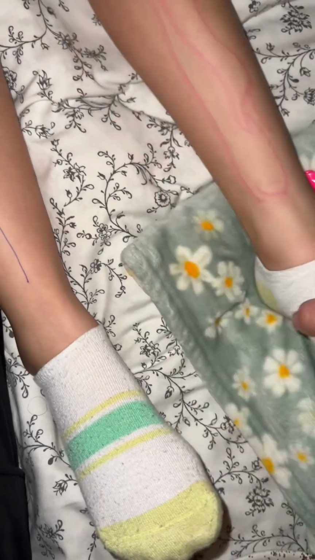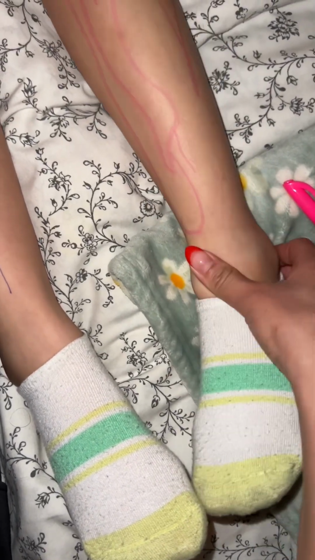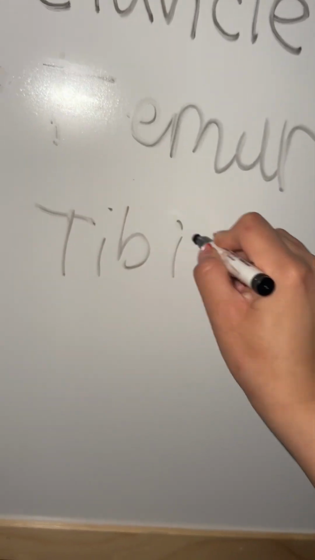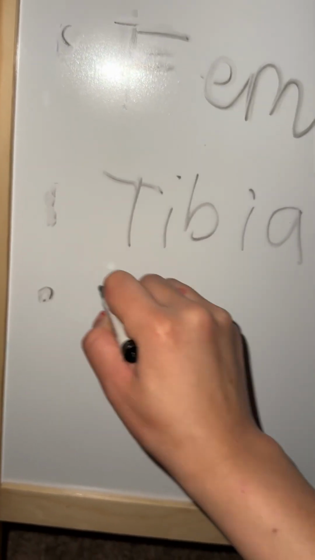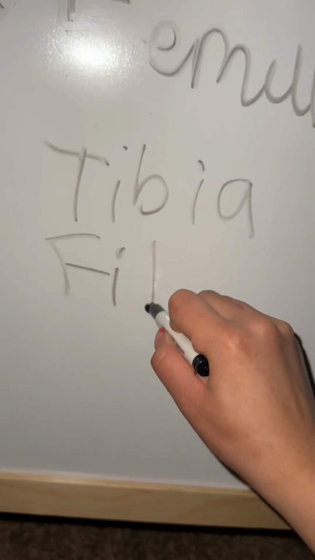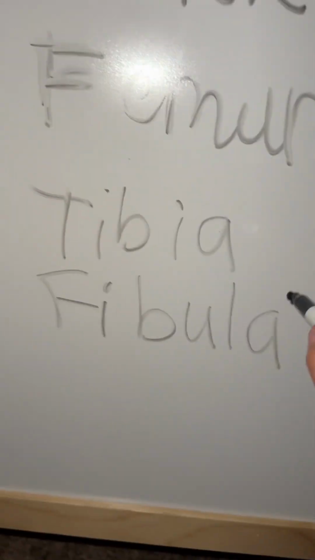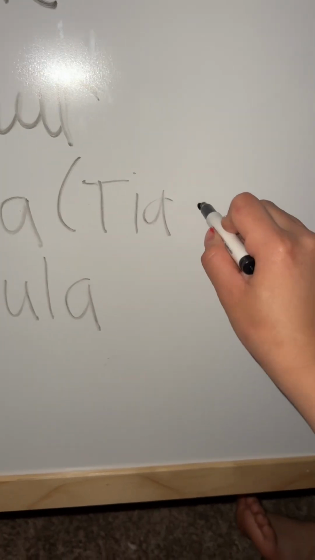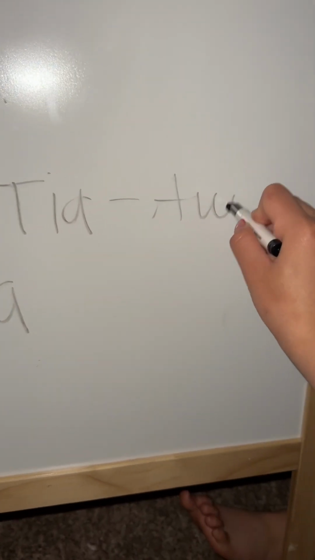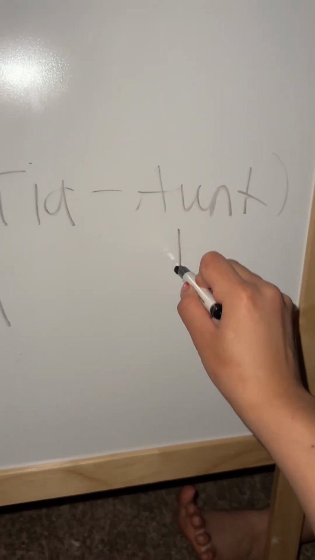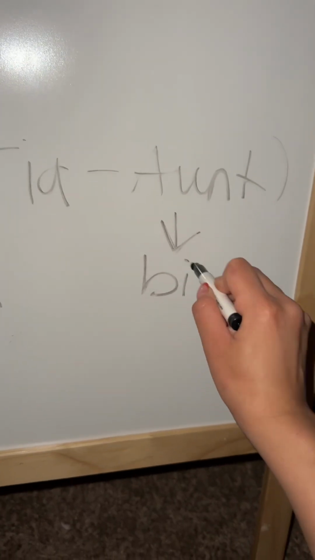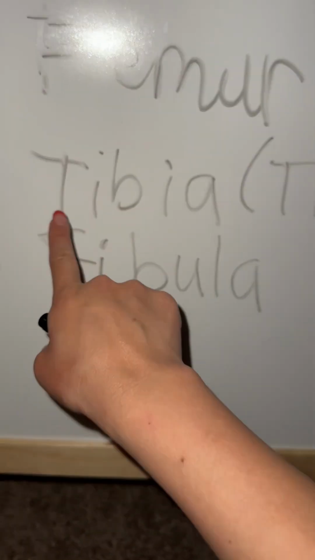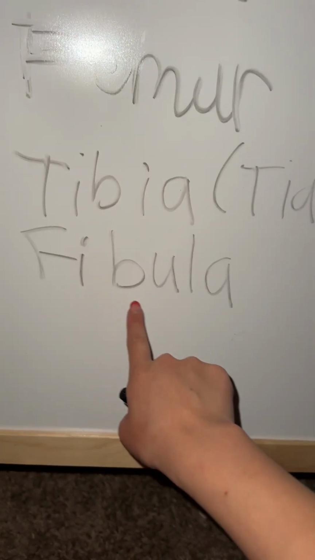It articulates with the talus. So that was tibia and fibula. Tia means aunt in Spanish. And my aunt is big. So tibia is the bigger side and fibula is the smaller side.